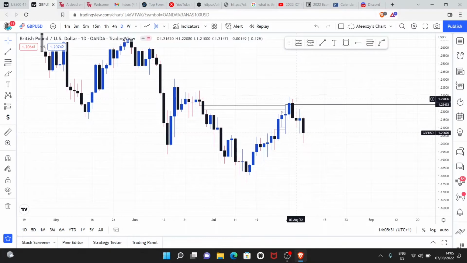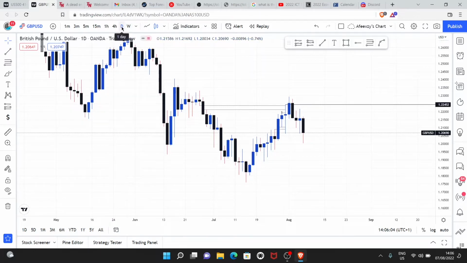I was really watching this level, and I expected a drop on GBPUSD, which happened perfectly and as expected. But now I'm on the sideline with this kind of move. I don't know what will happen next from here, but last week I was bearish on GBPUSD and bullish on the DXY, that is USD.